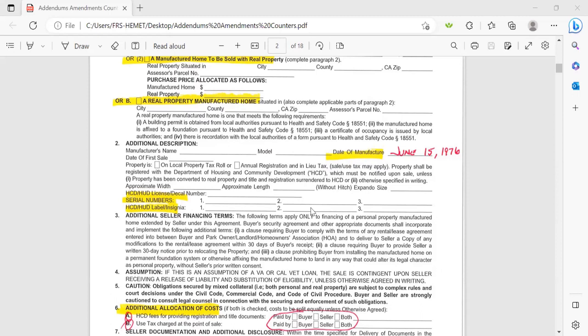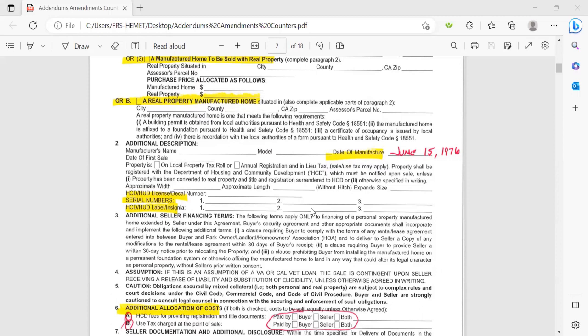The manufactured home depreciates in value, and so that changes that price as you go along. It's also more of a security thing to the bank if they know you're on a permanent foundation, because then you can't pull it away and move it very easily. So they don't have an issue with a potential foreclosure. Obviously, we all know that they can still be moved, just like a house can be moved, but it certainly takes a lot more time, a lot more money, and certainly a lot more effort.